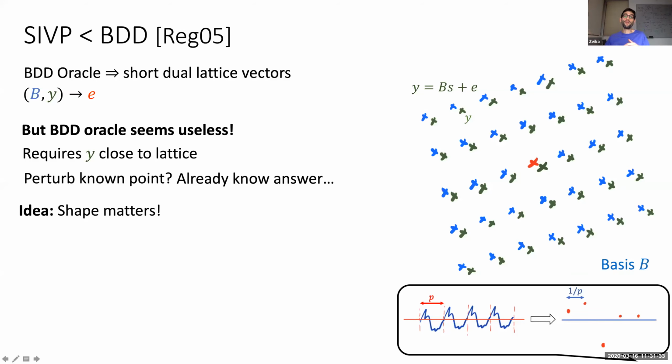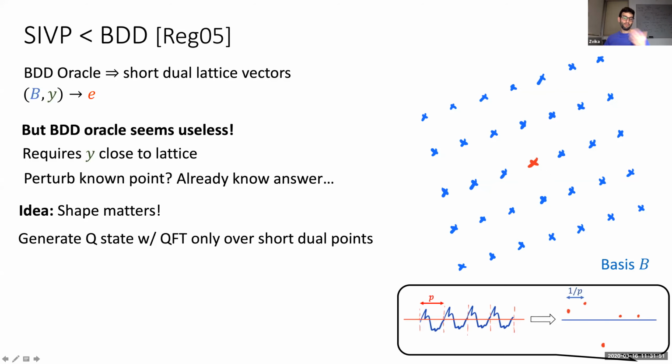Now what we're going to do is generate a superposition with an appropriate shape, such that when you take the Fourier transform of this shape, you are going to be supported only or mostly over short vectors in the dual lattice. So this is going to be our goal: to generate a quantum state whose quantum Fourier transform is mostly supported over short points in the dual and not over uniform points in the dual.